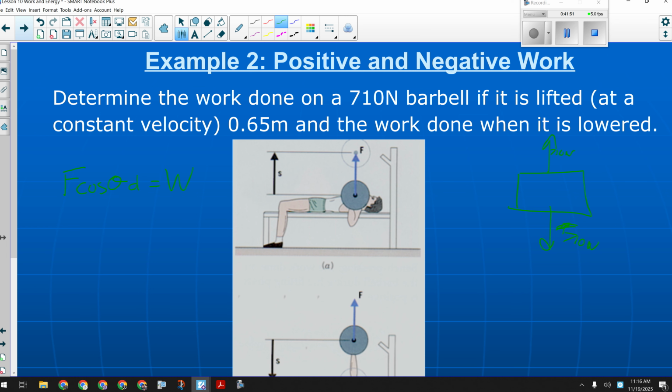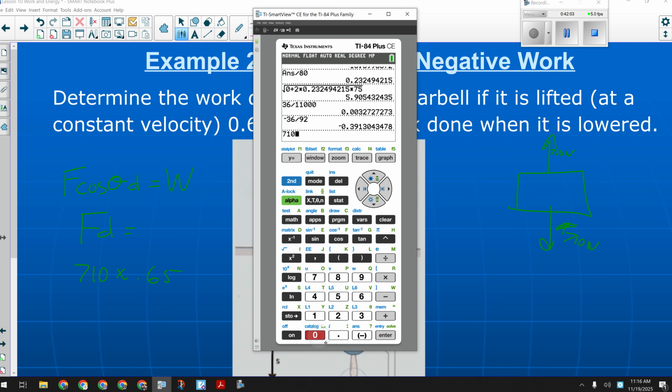I can just go force times distance, and it's going to equal work. So 710 newtons times 0.65 meters, that's going to be 462 joules worth of work. So now the barbell has 462 joules worth of potential energy.